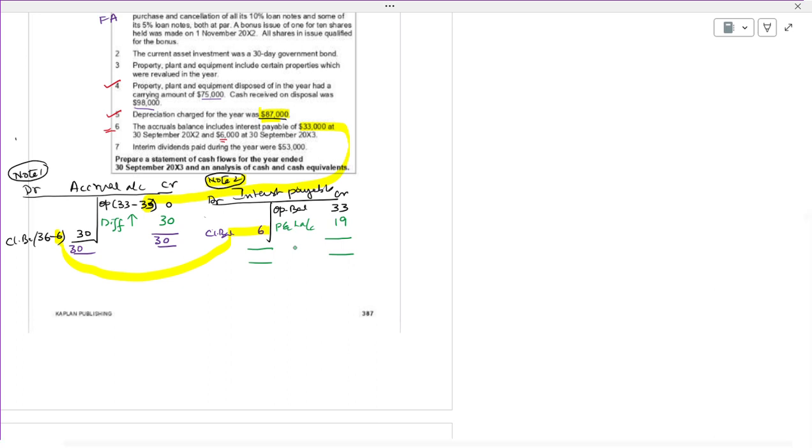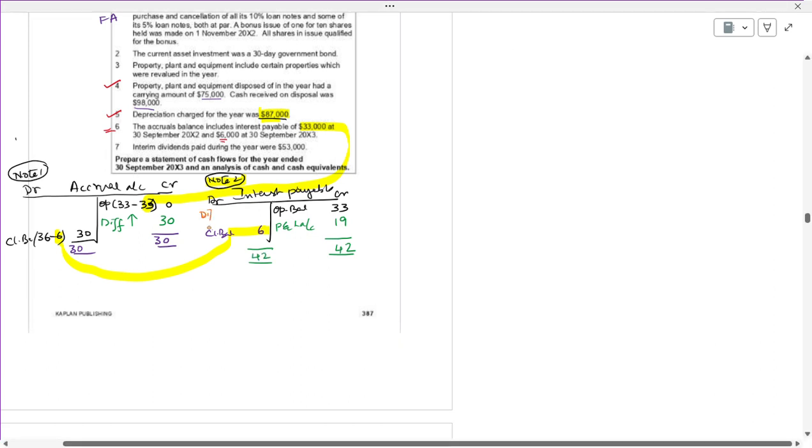Credit side is more. 42. Difference is how much? 42 minus 6, 36.